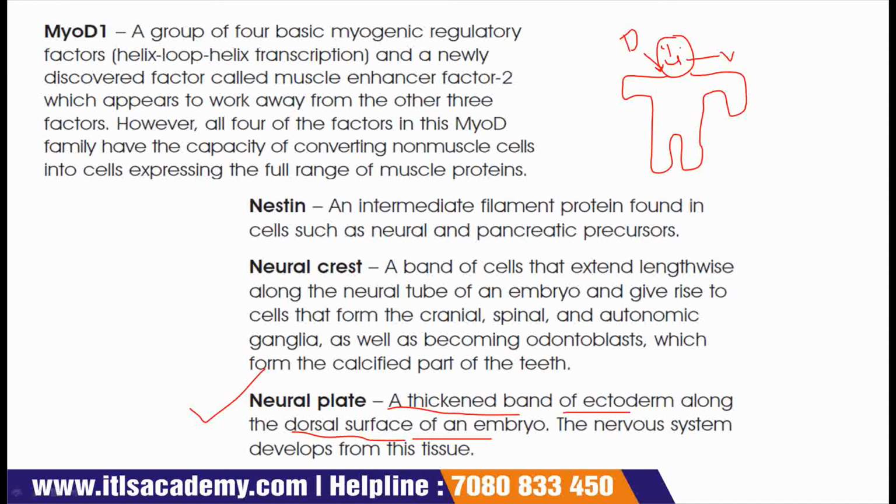So this is dorsal surface of an embryo. The nervous system develops from this tissue. Neural plate is responsible for the formation of the nervous system.